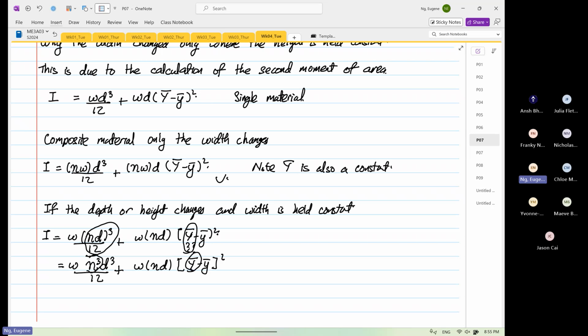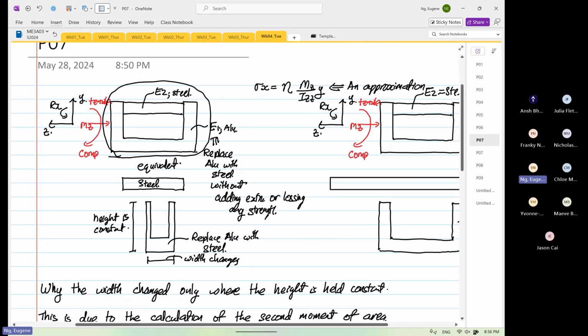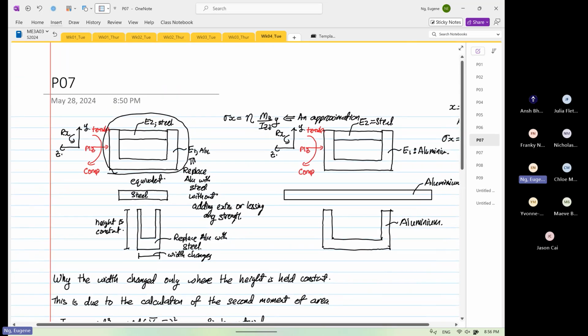So now this becomes n cubed, meaning the proportion you increase by n to the power of 3. And this is wrong. So this is the wrong form. This is the correct form because it did not affect your depth, because of the cube over here, and your Y bar did not change. So that is why we hold the height constant.